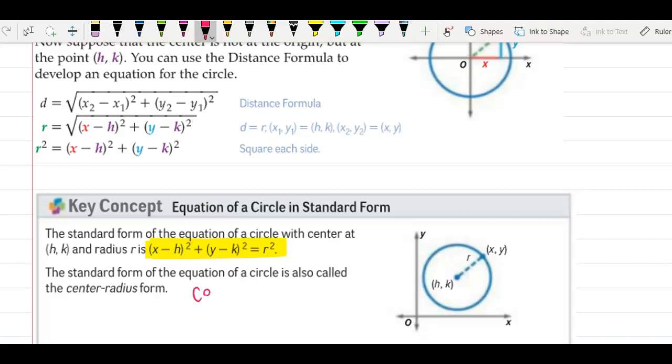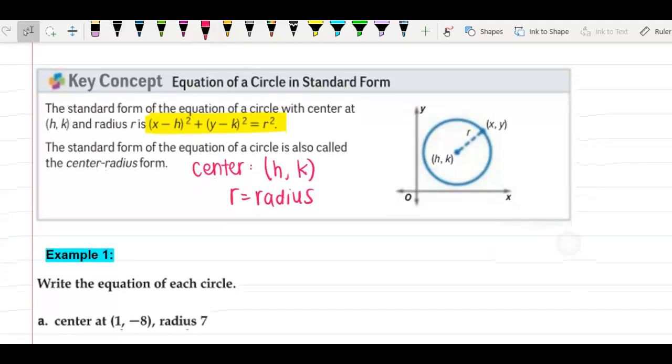What those represent is the center of our circle. So the center is h comma k. Whatever the x coordinate of the center is, we're going to subtract that from x. Whatever the y coordinate of the center is, k, we're going to subtract that. And then r, hopefully you remember, is always the radius.